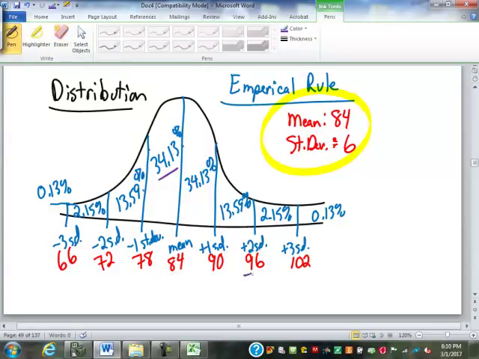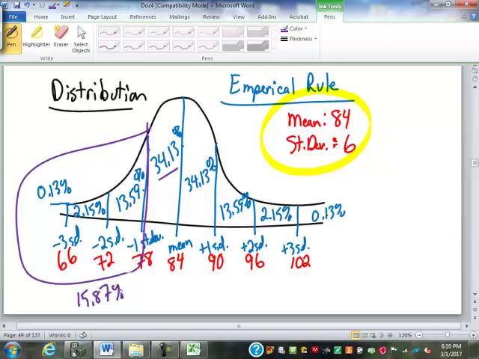Between 96 and 102%, we expect only 2.15% of students to be between those two scores. Less than 78. If we add all those up, that comes out to 15.87%. We expect only 15.87% of the students to be below 78.